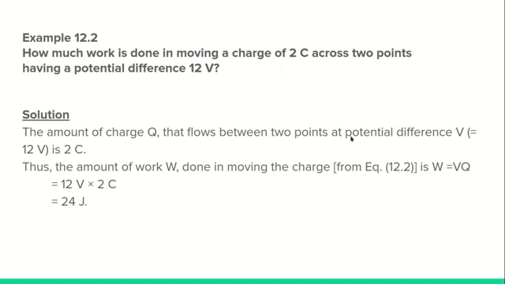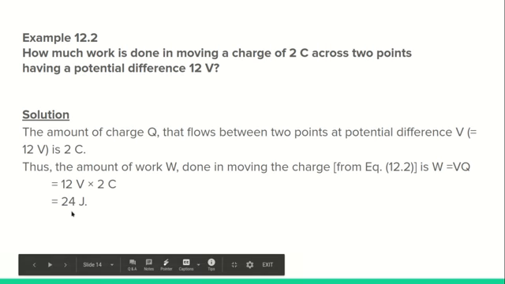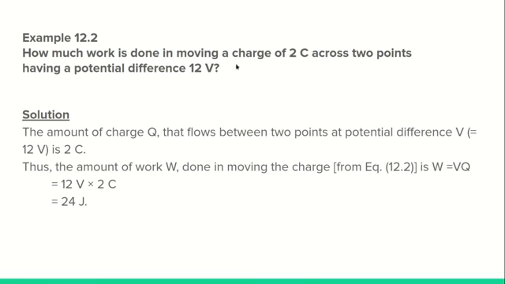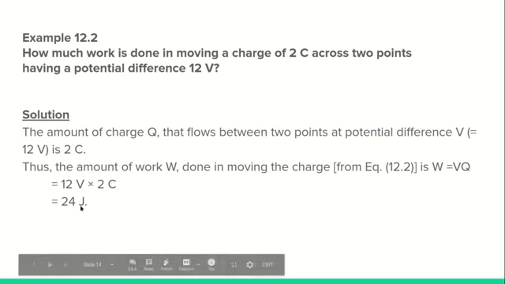Using the equation, work done is equal to the potential difference times the charge, that is 12 volt times 2 coulomb, which is 24 joules. So the work done in moving a charge of 2 coulomb across 2 points having potential difference 12 volt is 24 joules.